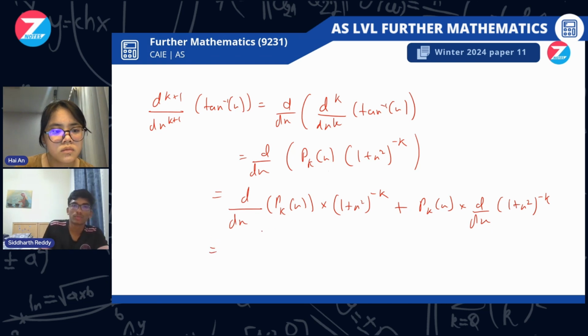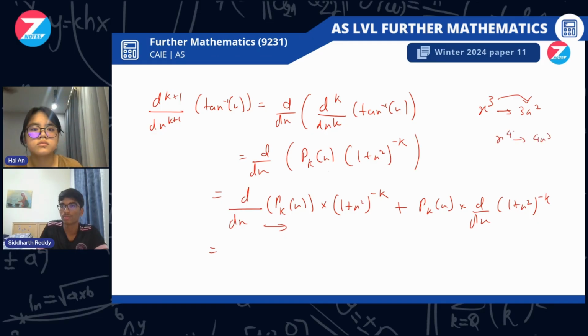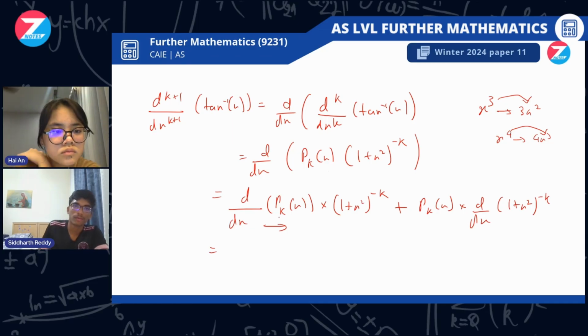Okay, so we'll just do this part first. For example, if you have a polynomial like x cube, after derivating it, it becomes 3x squared. So what we notice is that the degree is always reduced by 1. If you have x to the power 4, it becomes 4x cubed. The degree has decreased by 1. So in this case, also the degree will decrease by 1.